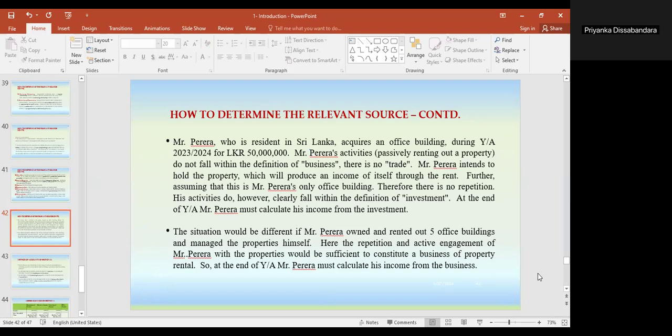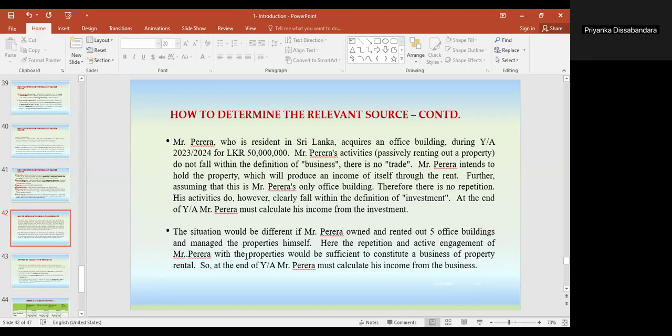Can you understand these two situations? Two situations are there. One is Mr. Pereira has only one building. He acquired a building and he rented it out.